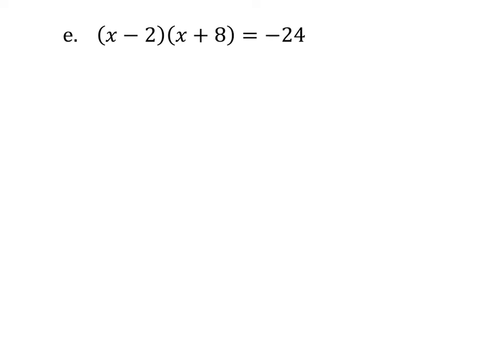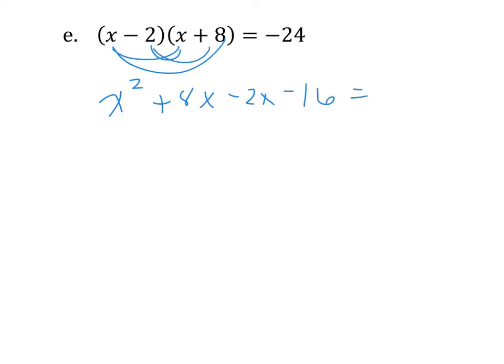So x squared times x first is going to be x squared outside plus 8x inside minus 2x last minus 16 equals negative 24.